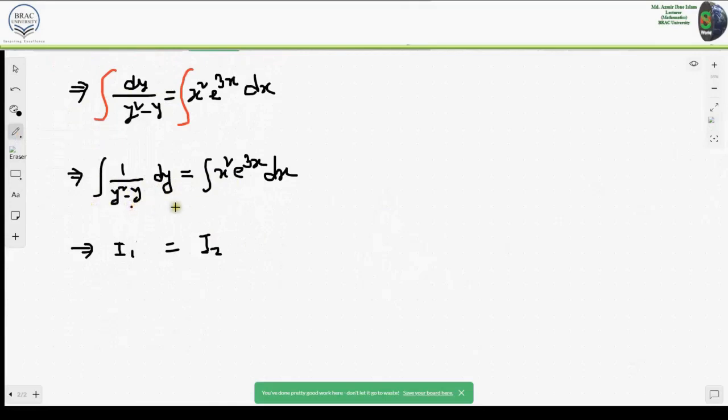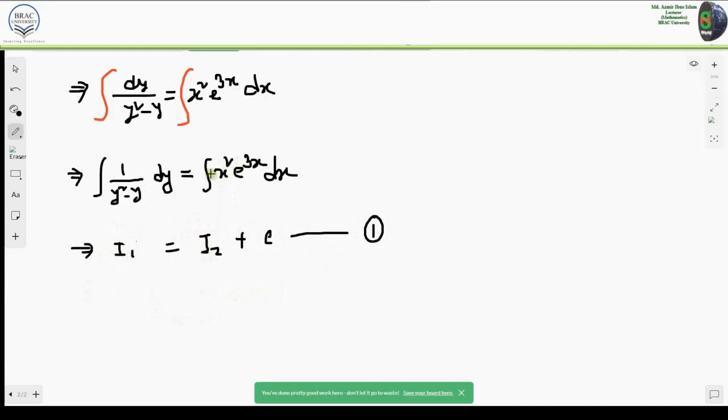And for these two indefinite integrals we can use a constant plus c. Okay, so I am saying this is equation 1 and we have to find both these integrals I1 and I2.